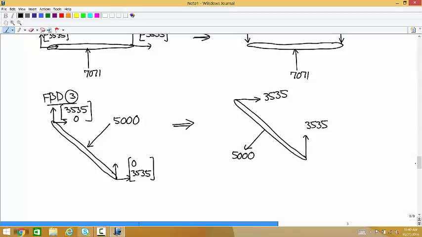Actually, maybe the next topic after we're done with structures is we're going to start talking about internal loads. And we'll be able to do exactly the calculations that your intuition is telling you about.